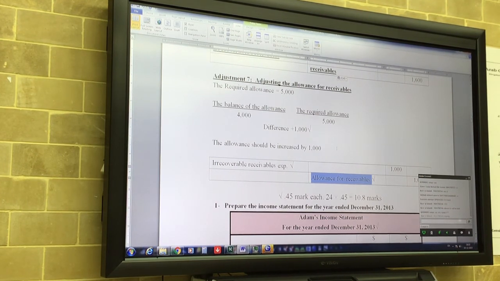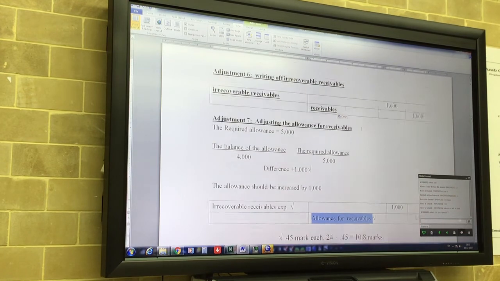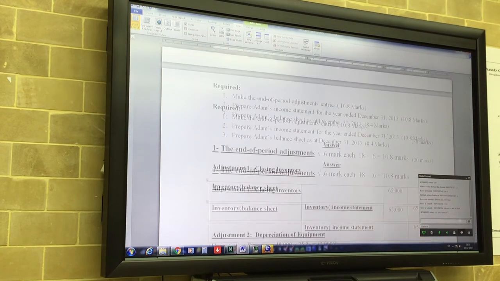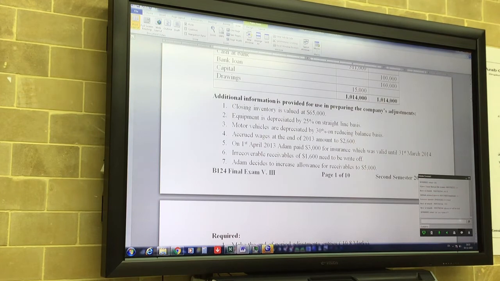I told you, if we ask here, in his additional information, he said the allowance for receivables increases to 5,000. Is it clear? But if he said we need to put it at 3,000, so he said to decrease, not increase.